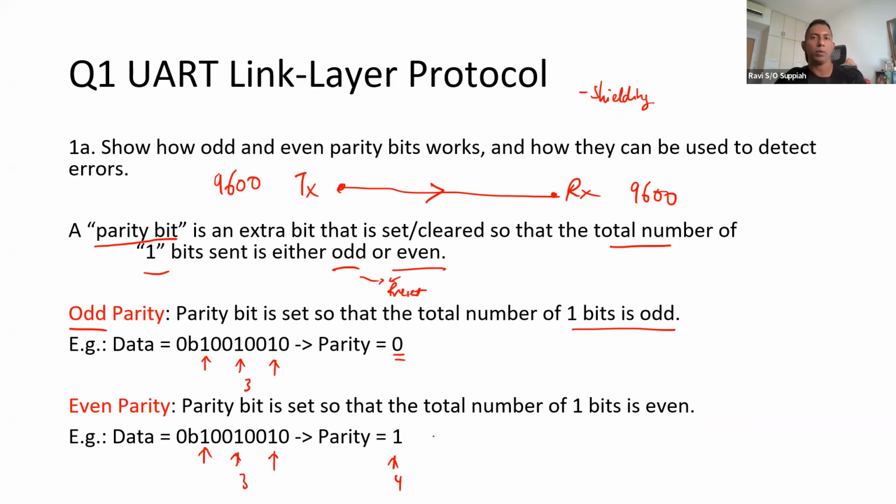The parity bit will be automatically generated by the hardware, so you don't need to do it. The hardware itself will generate it based on the bits that we set, to ensure that the correct parity bit is generated and added to the data.